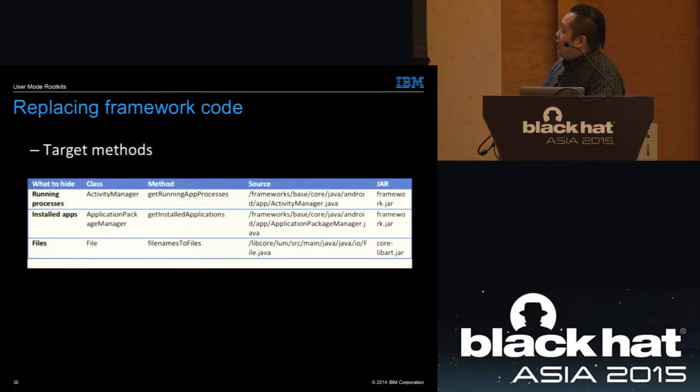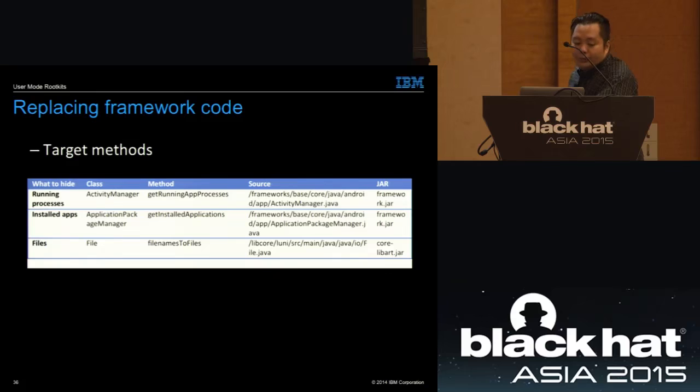If you want to hide installed apps, you modify the getInstalledApplications method in ApplicationPackageManager. This can also be found under the same folder in AOSP, in the ApplicationPackageManager Java source file, and the result is also inside framework.jar.